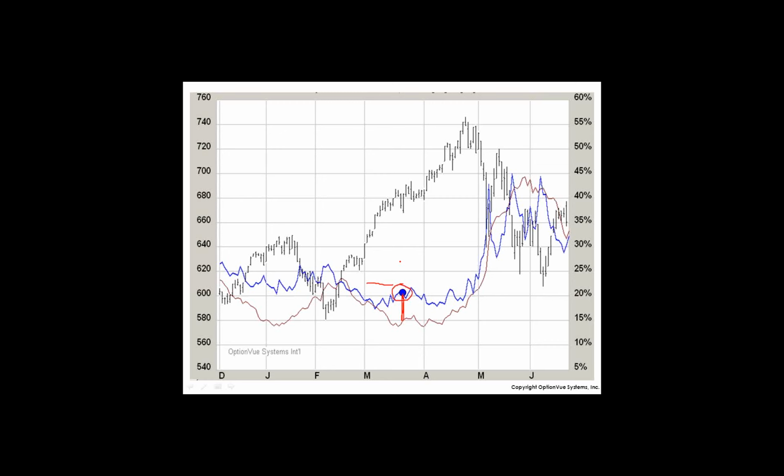I'll tell you, the implied volatility of the options is a measurement of the traders' expectations for the future. Now, the red line, is that a measurement of the past, or is it an expectation for the future? It is a measurement of the past.